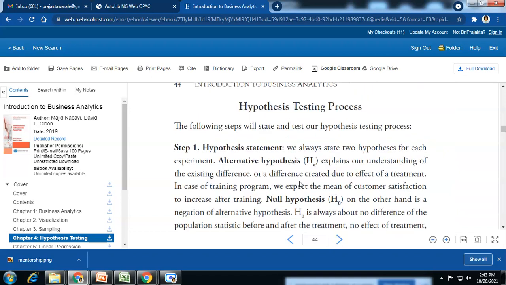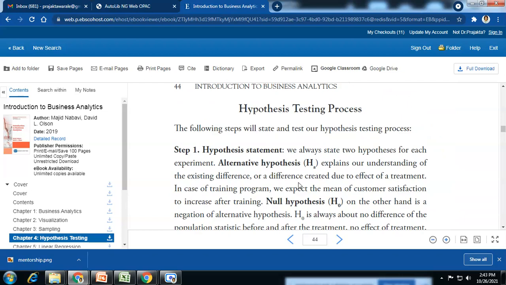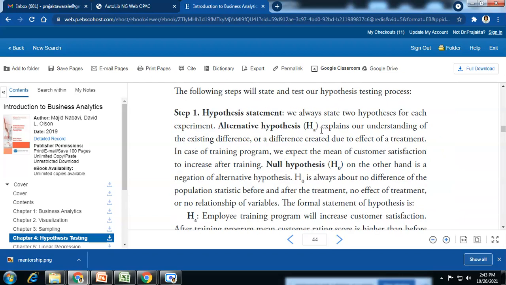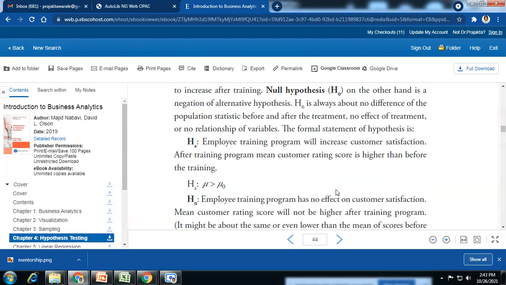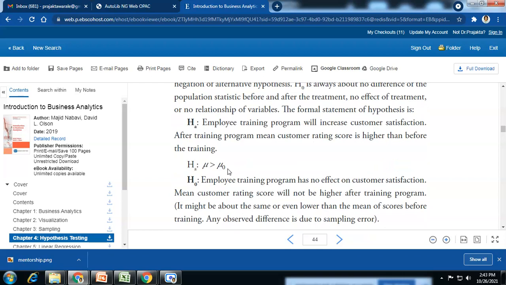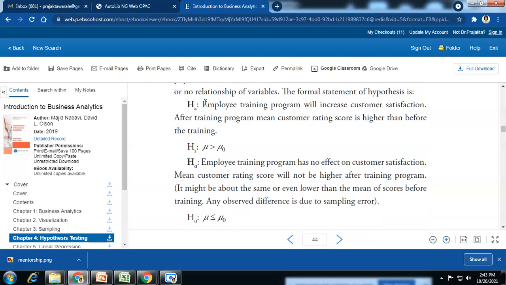Then this also explains the hypothesis testing process. What is the alternative hypothesis, HA, and the null hypothesis, that is H naught. The alternative hypothesis states that, for example, an employee training program will increase customer satisfaction. Whenever a training program is offered to the employee, it will help in increasing customer satisfaction.